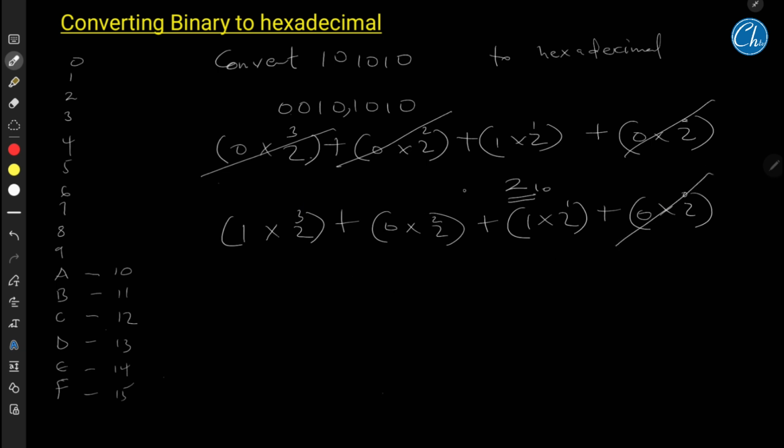This will give us 0, this will give us 0. So 2 raised to the power 1 will give us 2, 2 1 2. 2 raised to the power 3 will give us 8, 8 1 8. So the answer is equal to 10.